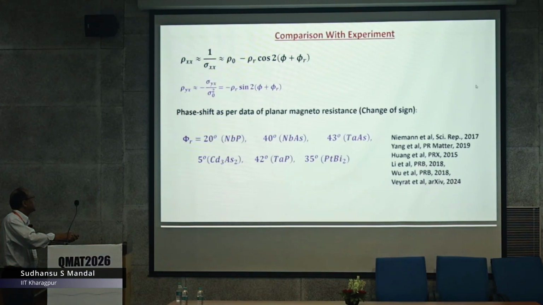So if I take that, the phase shift corresponding to those systems will be 20 degrees, 40 degrees, 43 degrees, 5 degrees, 42 degrees, and 35 degrees. This is less because this is a Dirac semimetal. It's not a Weyl semimetal, but that can be converted to a Weyl semimetal for weak magnetic field perpendicular to that. So that is why it's a small angle, small phase shift. Others have larger phase shifts.